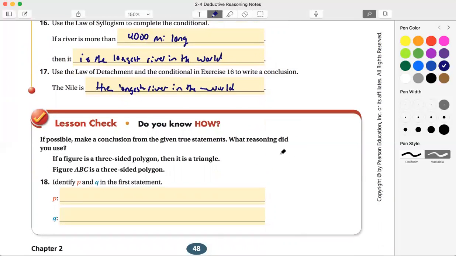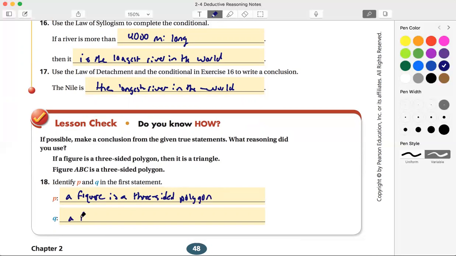So, if possible, make a conclusion from the given statement. If a figure is a three-sided polygon, then it is a triangle. Figure ABC is a three-sided polygon. So, what must be true? So, P, a figure is a three-sided polygon.